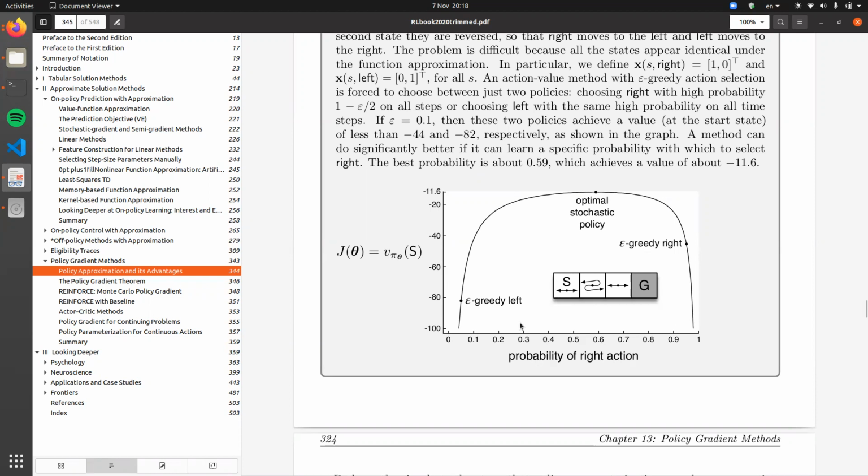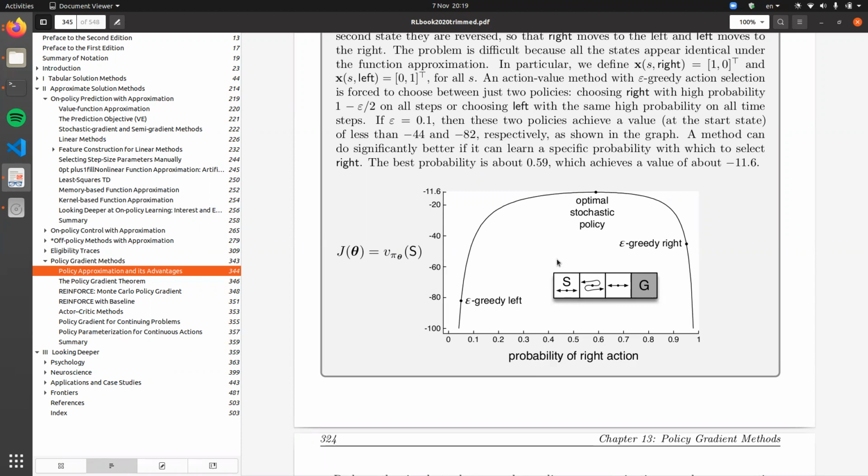This can be understood intuitively by extending the logic to the extreme cases. When we act epsilon greedily, moving right, it will take quite a long time before we can take a left action in state 2 to switch to the third state and eventually get to the goal.